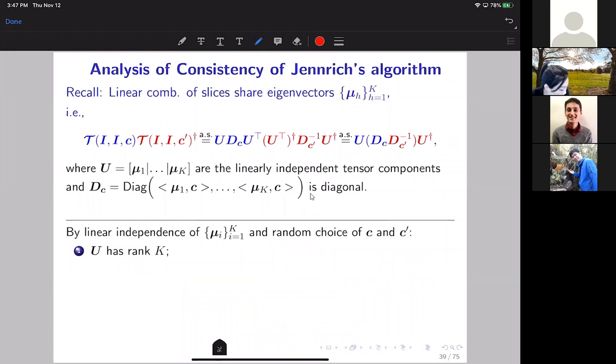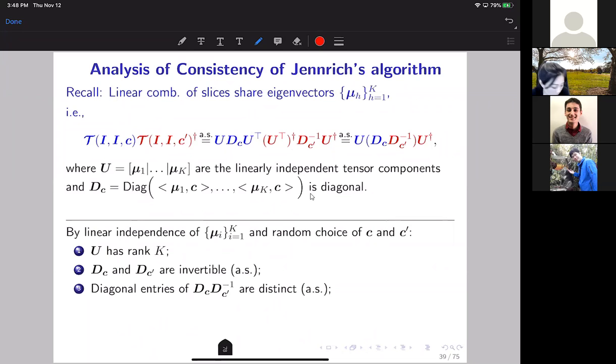All right, so by linear independence of mu i, from 1 to k, and random choices of C and C prime, then we know that U has rank k. Almost surely U has rank k, and DC and DC prime are invertible, almost surely.